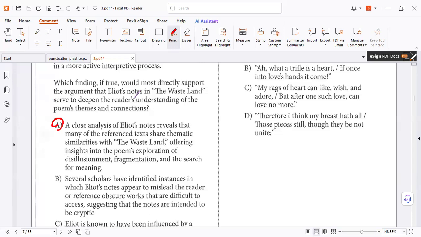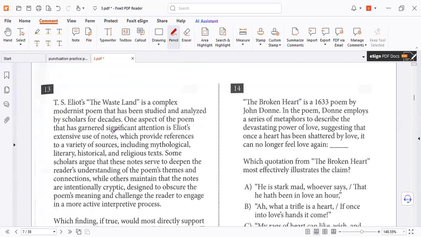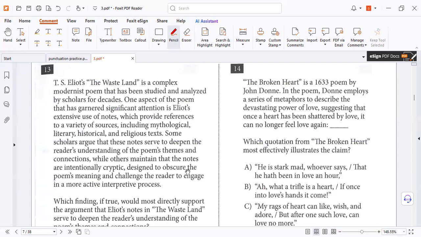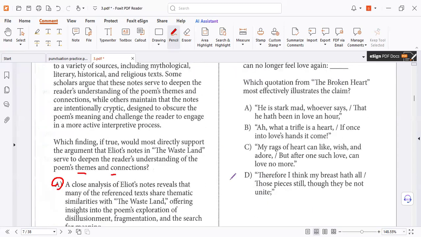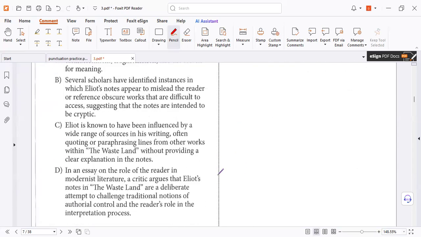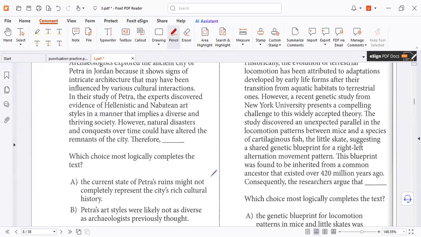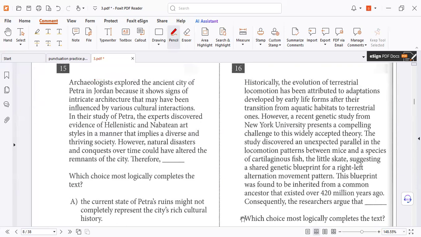Okay. 14. Letter C. Correct. Letter A. 15.